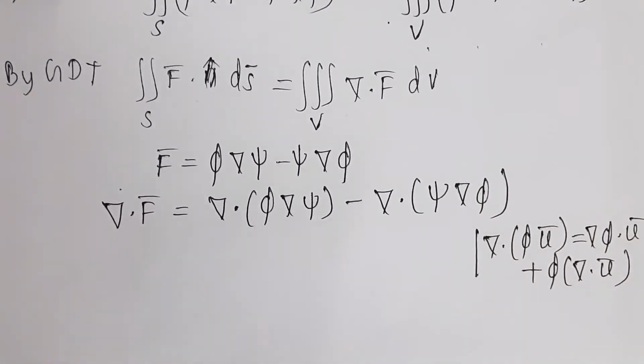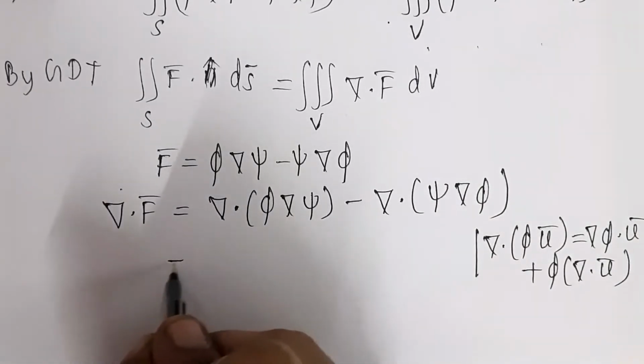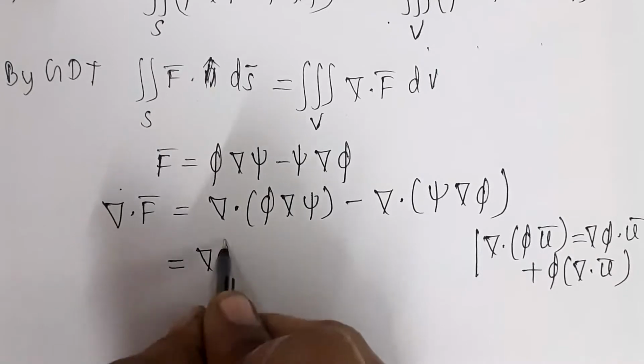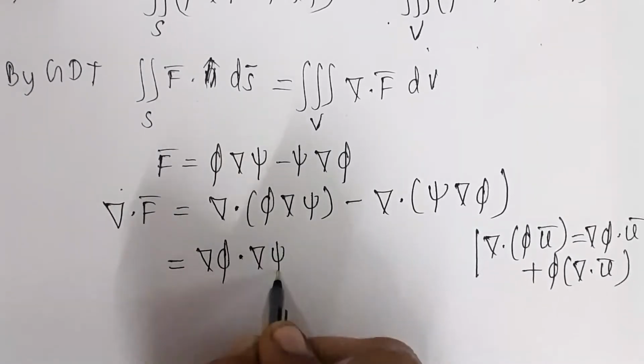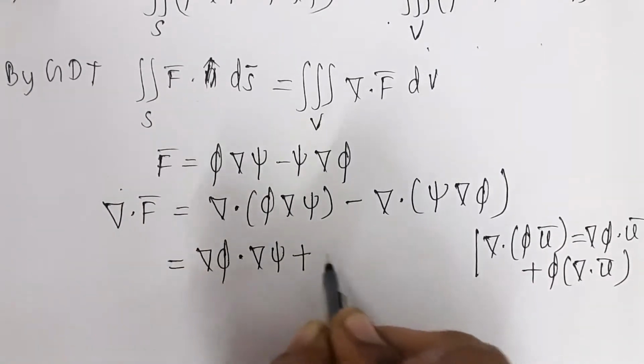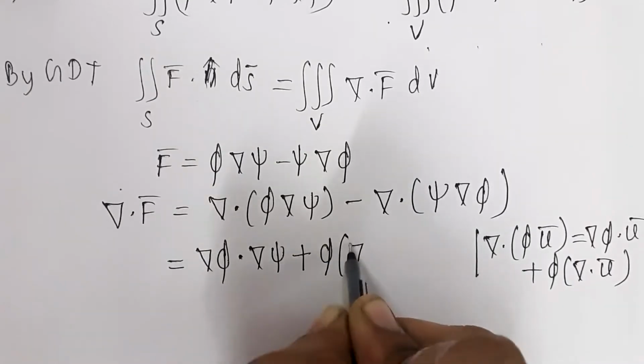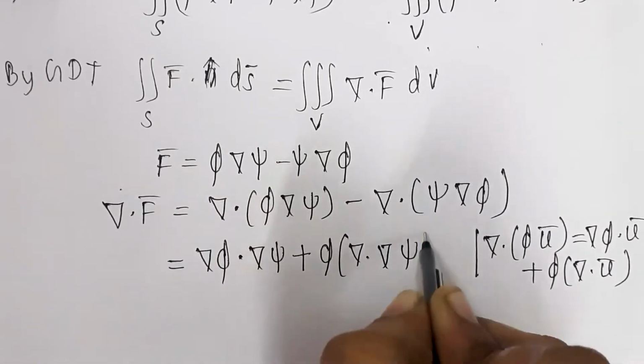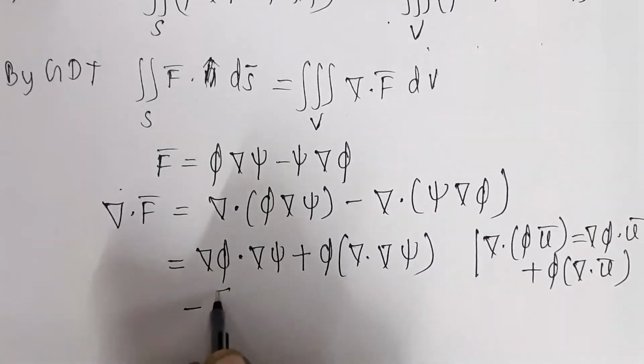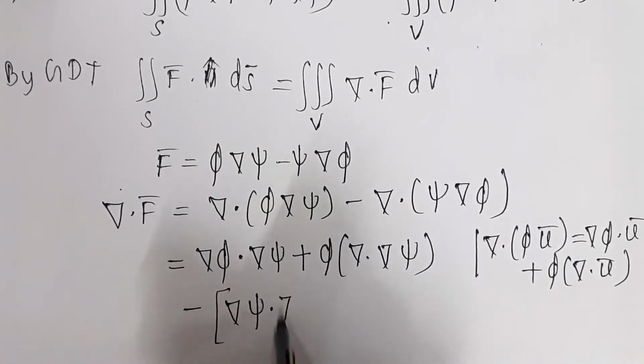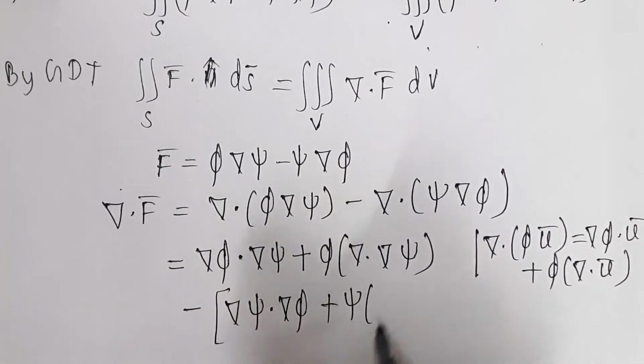Using that standard result, it is equal to del phi dot del psi plus phi into del dot del psi, minus del psi dot del phi plus psi into del dot del phi.